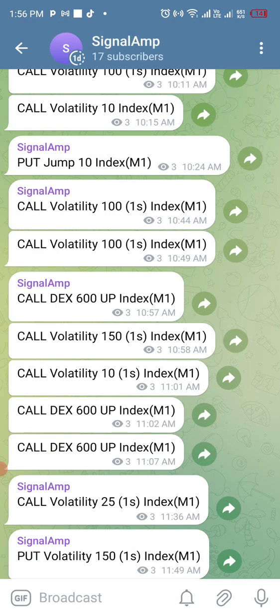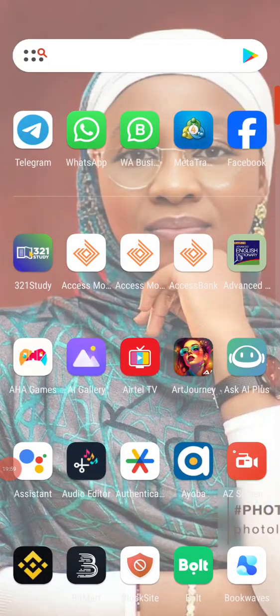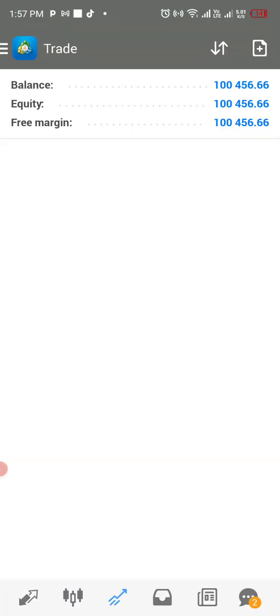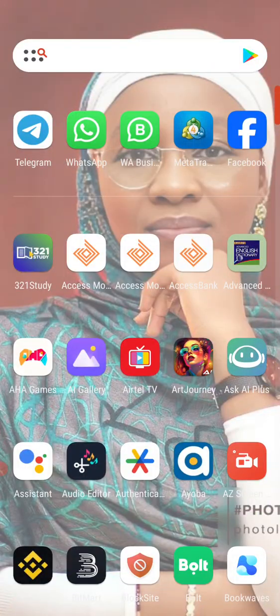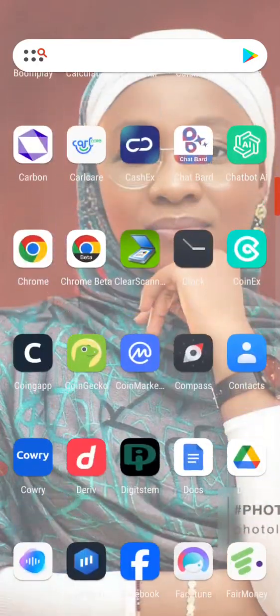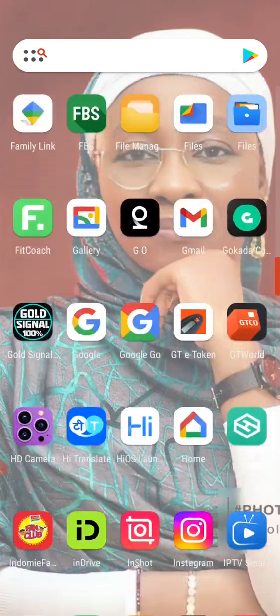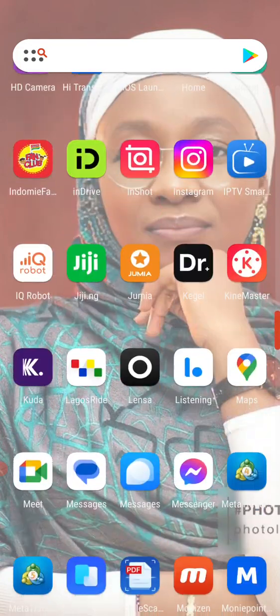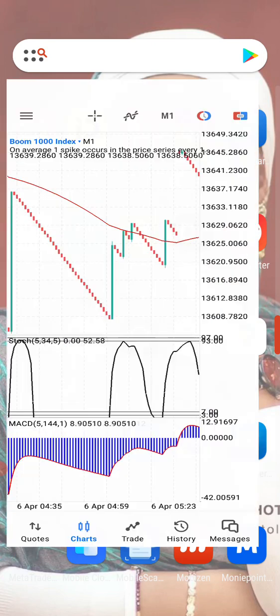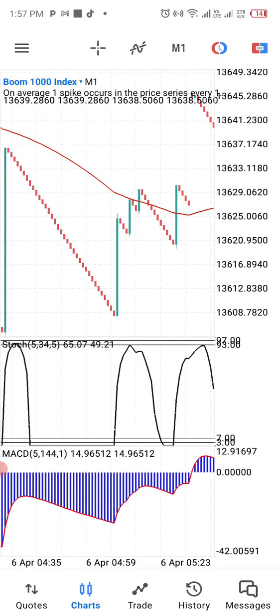Also, the EA has been coded relating to the particular signal we are dropping, and also the strategy I just put you through now. So if you can't afford to get the EA, you can just follow the manual settings I have explained here.